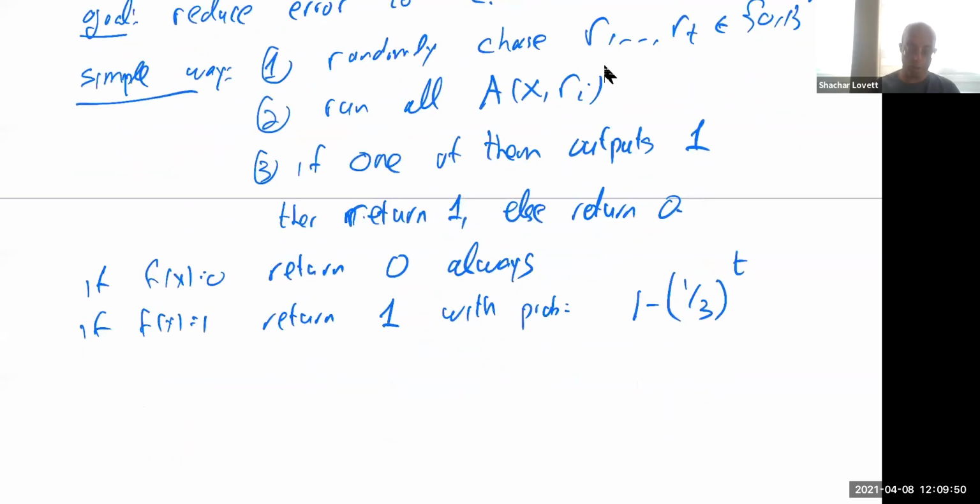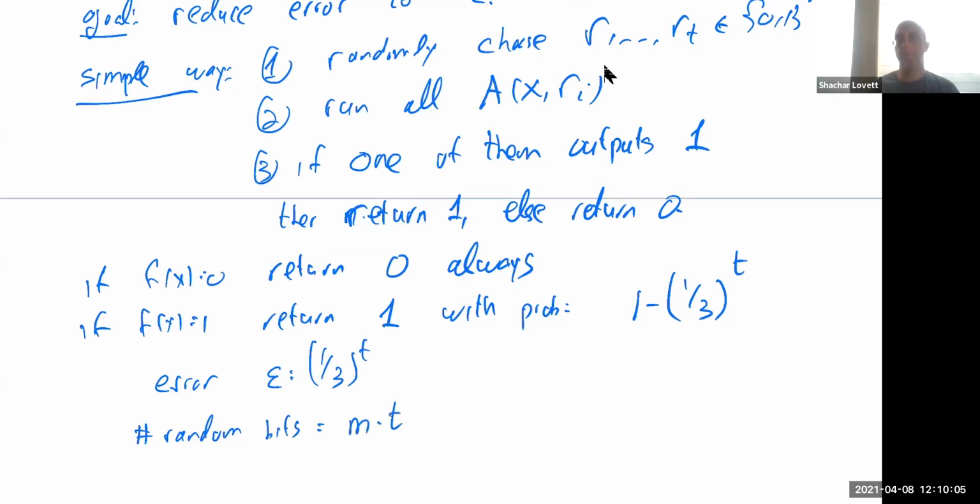So the error that we get is 1/3 to the t, exponential in t, and the number of random bits we need also scales with t. It's going to be m times t, because we just generate t independent sequences of random bits.